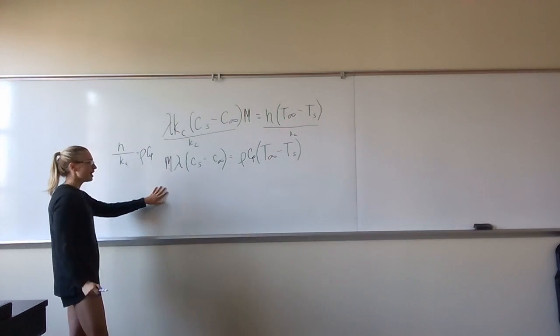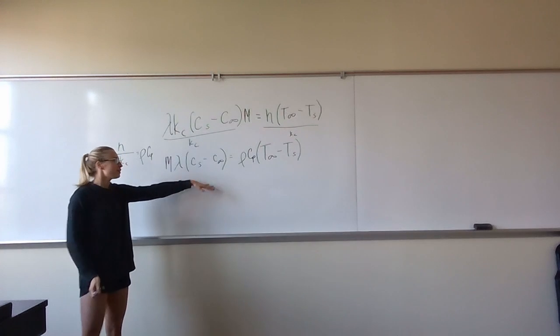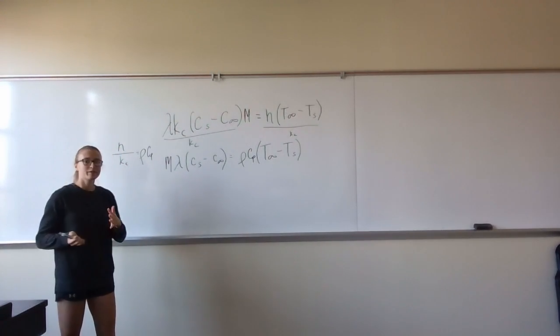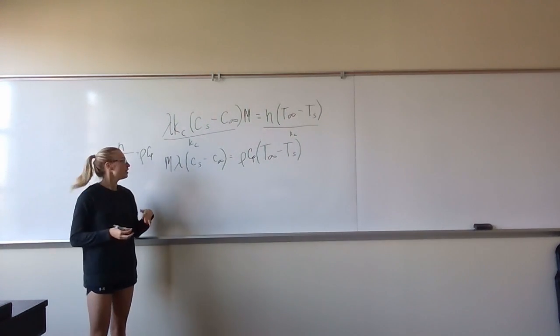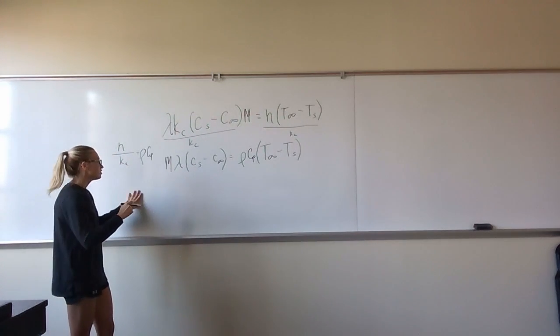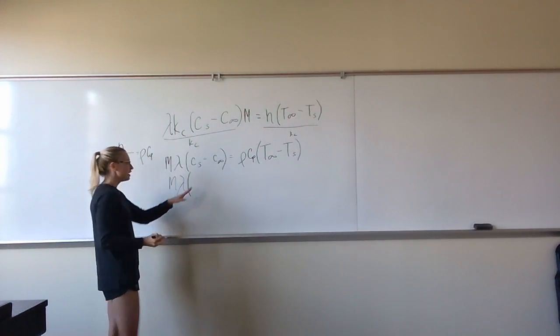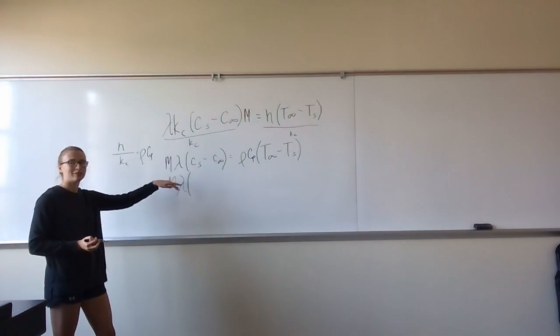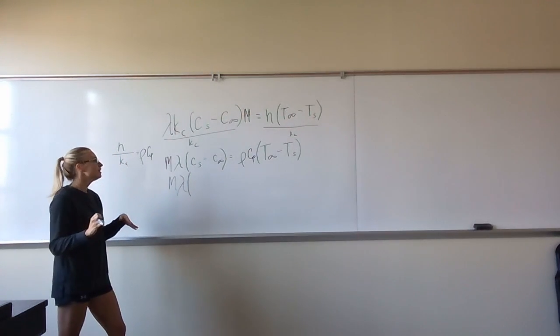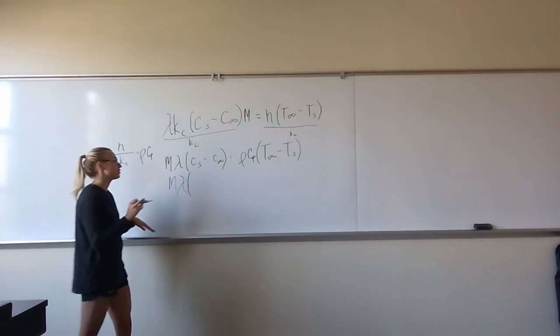So now that we have this, we have everything in terms of the volumetric heat capacity. We can use the partial pressures to find the relative humidity. So the molecular weight and latent heat of vaporization stay the same, but we can convert the concentration into partial pressures.